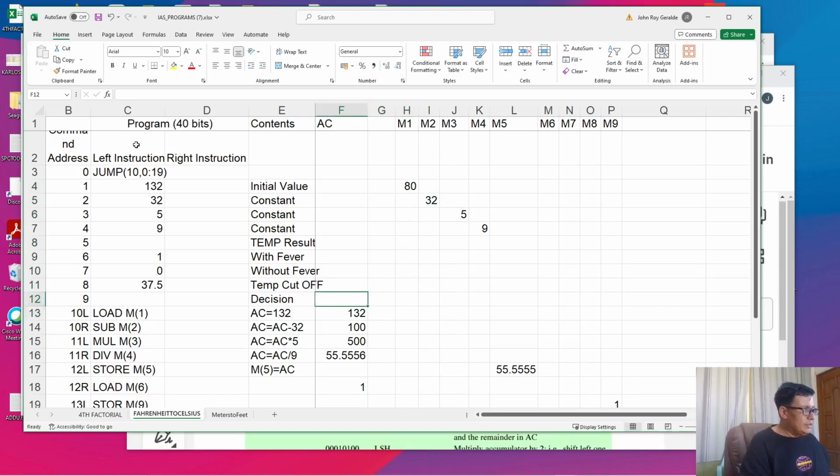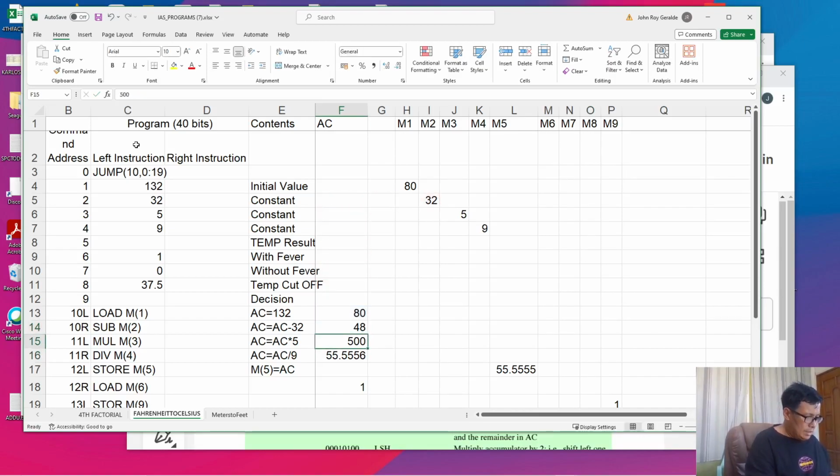So the first thing to do is 80 minus 32. The sequence is that we equal this to 80 first. And then we will subtract the 32 from here.